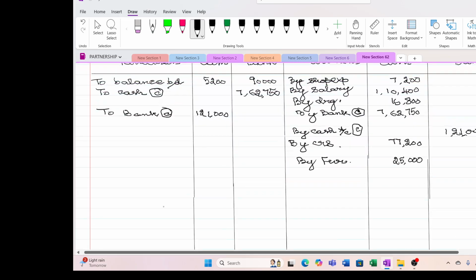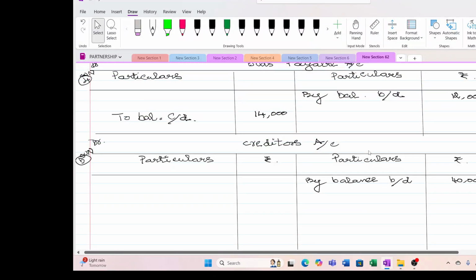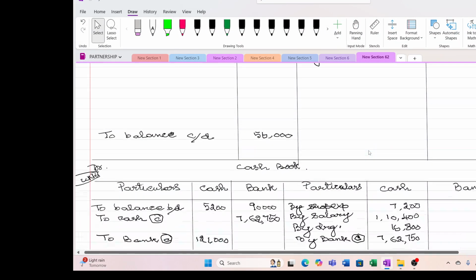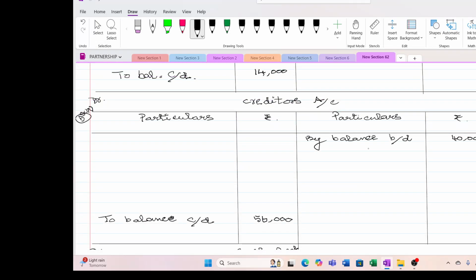See here, the shop expenses has gone to P&L account, salary has gone to P&L account, drawing has gone to the capital account. This amount deposited will appear only here. Creditors, the payment made is 77,200. So we will go to the creditors account. So to cash. This is the payment made by cash.